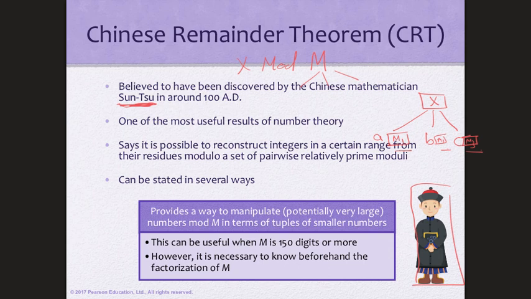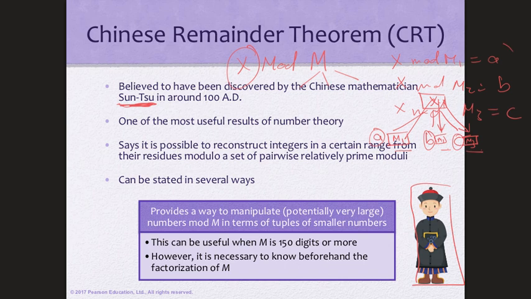And then I can represent my number x mod m1 with a factor a, mod m2 with a factor b, and mod m3 with a factor c, or basically x mod m1 is equal to a, x mod m2 is equal to b, x mod m3 is equal to c.